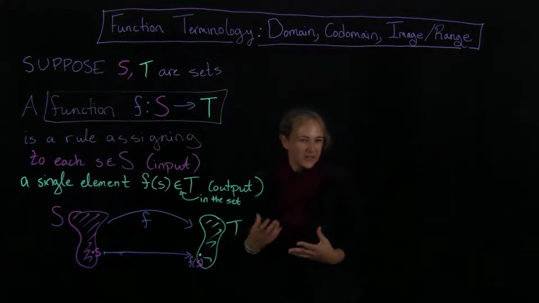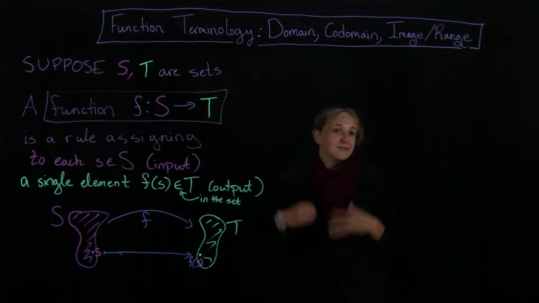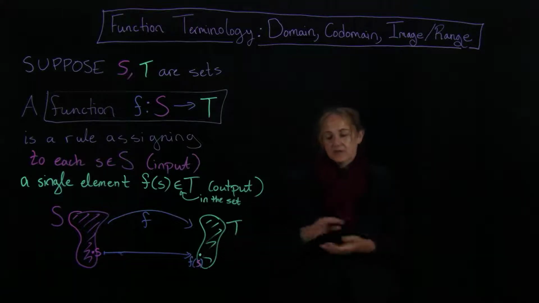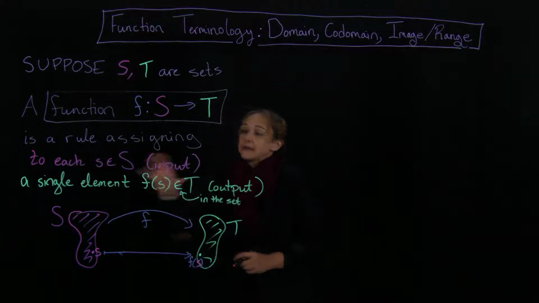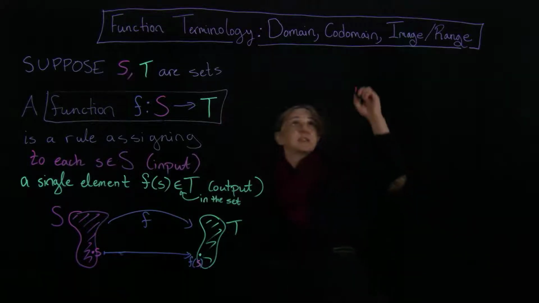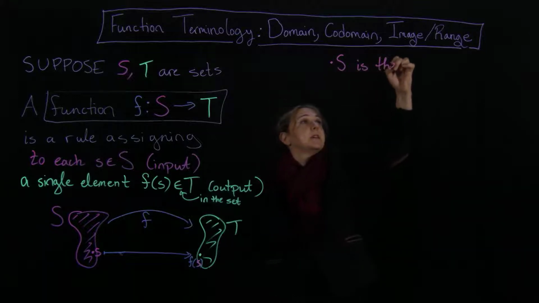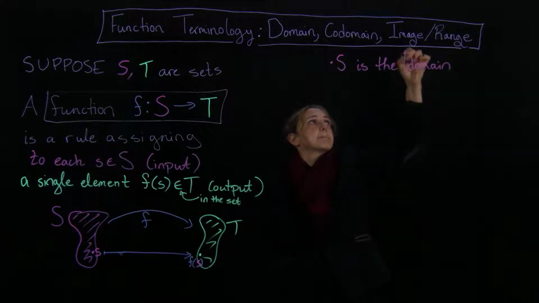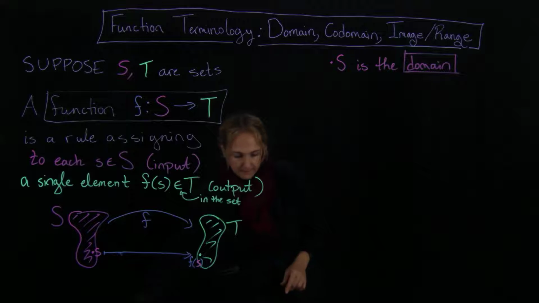I know it's funny to learn a lot of terminology like this, but it gives you a language in order to talk about functions, which are these very useful things. So the first thing is, this S here is going to be the domain of our function f.